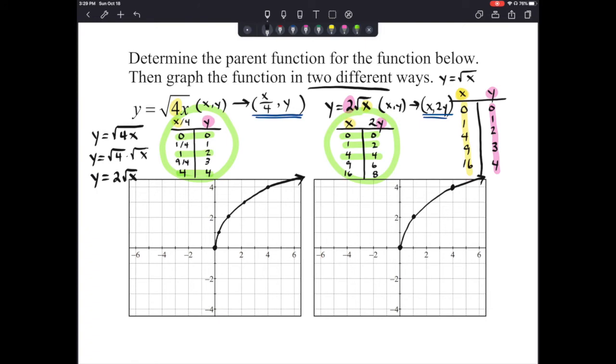So let's define that at the bottom. Let's say equivalent transformations. These are going to be two different transformations that result in the same graph.